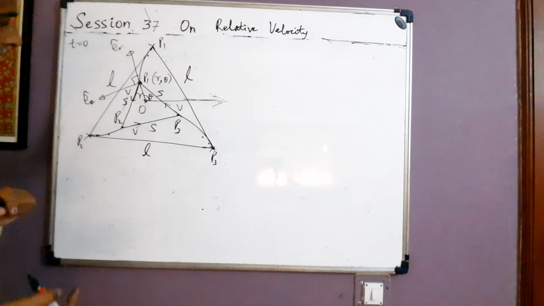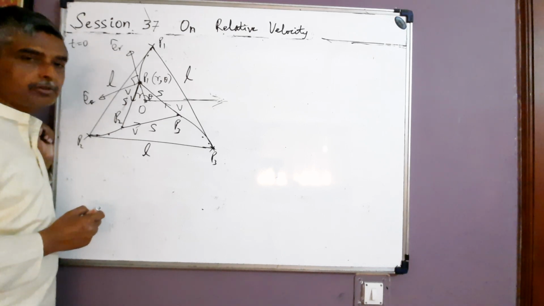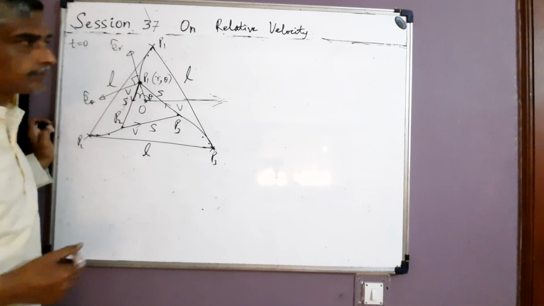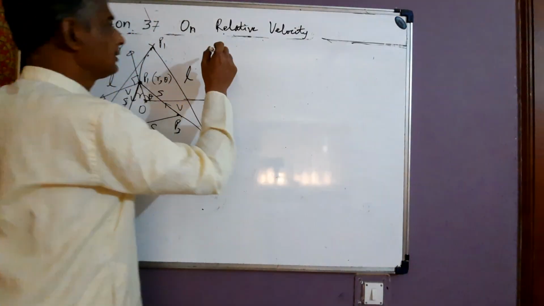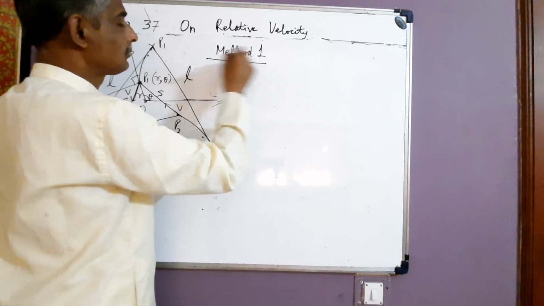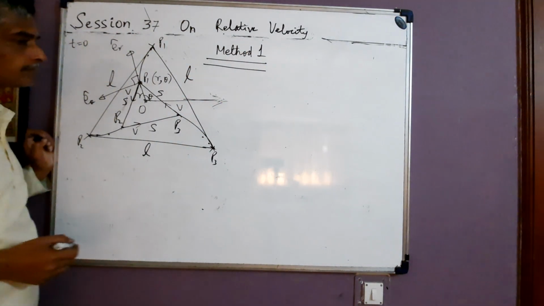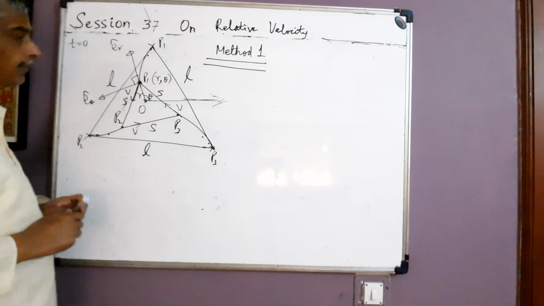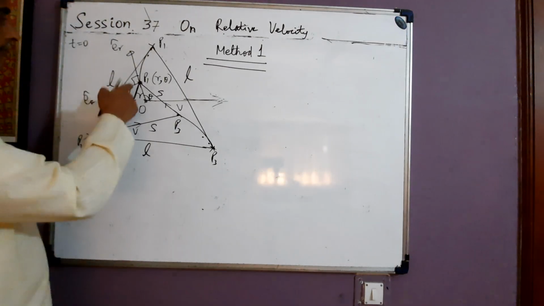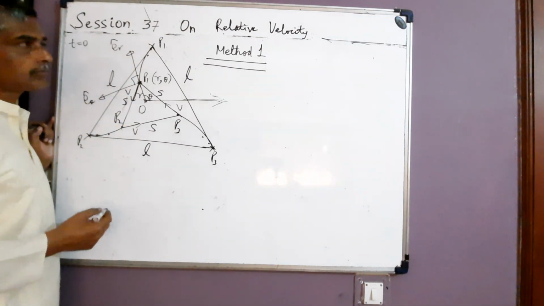Okay. Now first we have to find out after what time the 3 points will meet. So we will solve this by 3 methods. So method 1. See, this is also an equilateral triangle as I mentioned just now.